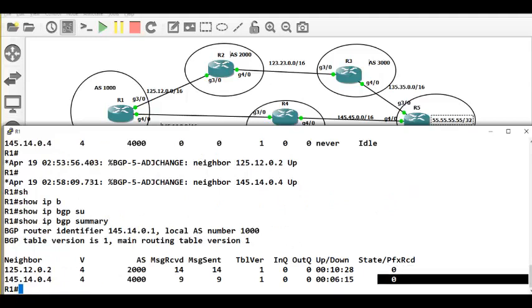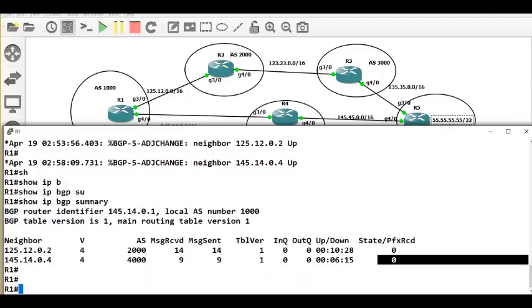Now, if you want to see any network learned or not, this is one place where you can see whether we are learning or not. To know whether we are advertising and learning, both receiving and sending, type show IP BGP.